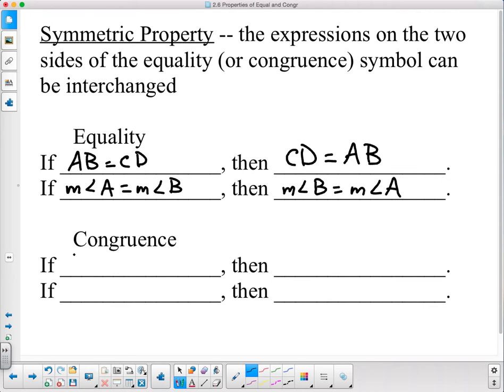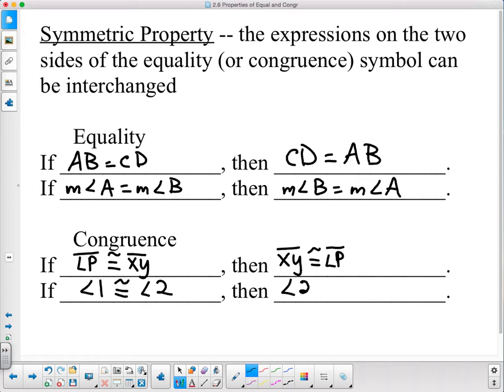If segment LP is congruent to segment XY, then segment XY is congruent to segment LP. If angle 1 is congruent to angle 2, then angle 2 is congruent to angle 1.